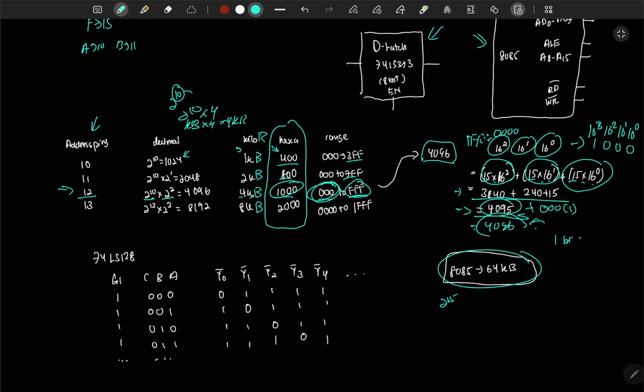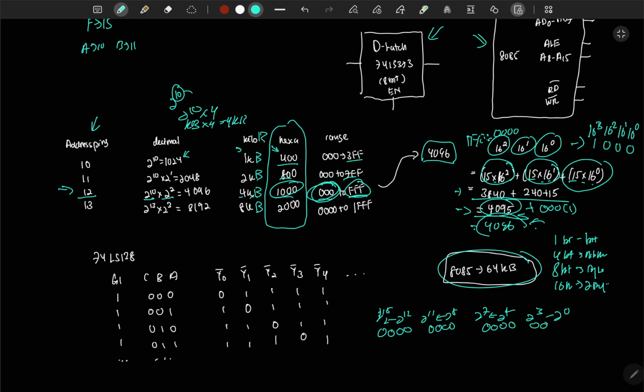A 1 bit is a bit, 4 bits is a nibble, 8 bits is a byte, and 16 bits is called 2 bytes. So nibble means we separate it from 2^0 to 2^3, 2^4 till 2^7, 2^8 till 2^11, 2^12 till 2^15, which should result in 0000, 0000, 0000, 0000. This will help in a while, so be prepared.